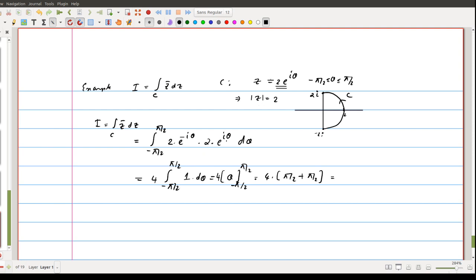The derivative of e raised to i theta, if z is equal to 2 e to the power i theta, please note this, you should not miss this i: z dash of theta will be i times 2 times e raised to i theta. So there is an i here, and i can be taken out. Then we have 2 times, this is pi by 2 plus pi by 2 is equal to pi, then this will be 4 pi i. So this is the value of the integral.